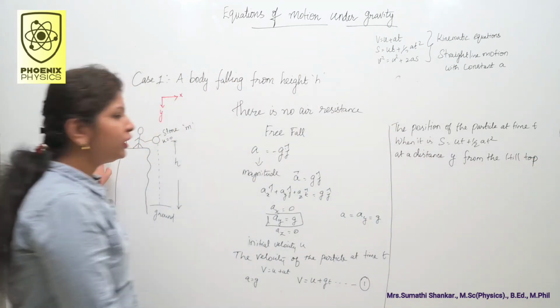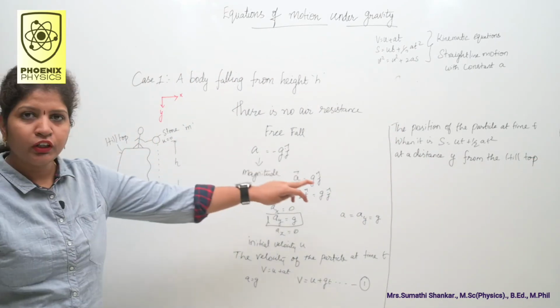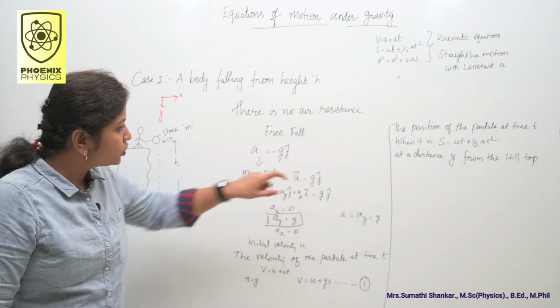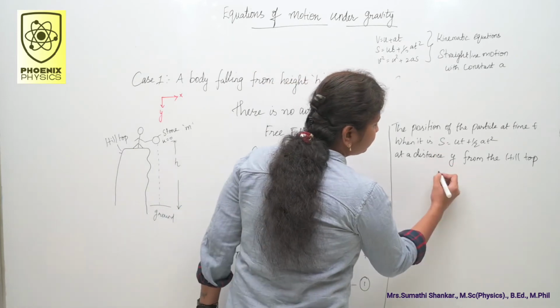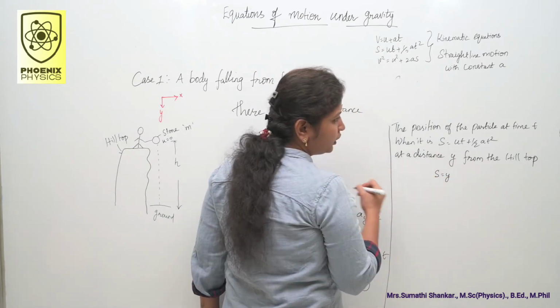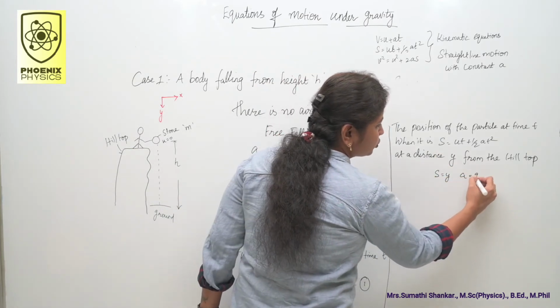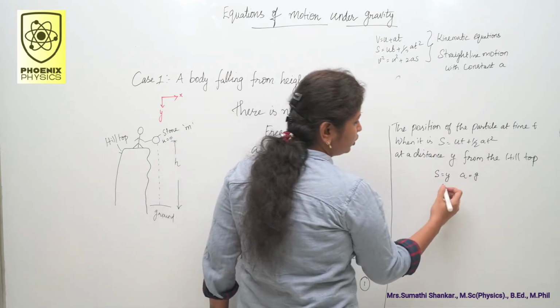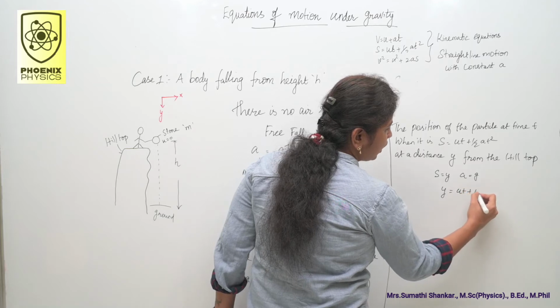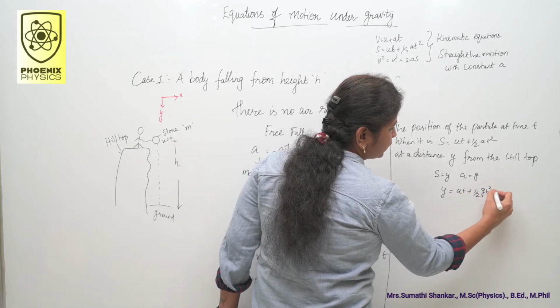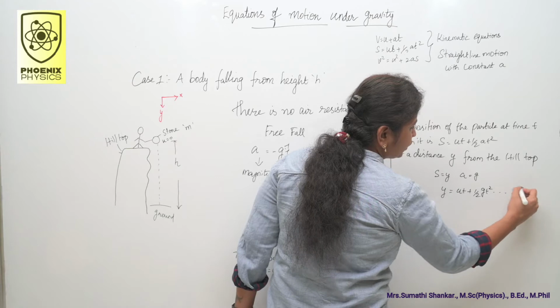So this is our hilltop. We are going to find out the distance y from the hilltop. So instead of s you can substitute y, instead of a you can substitute g in this equation. So y is equal to ut plus half gt square. This is our second equation.